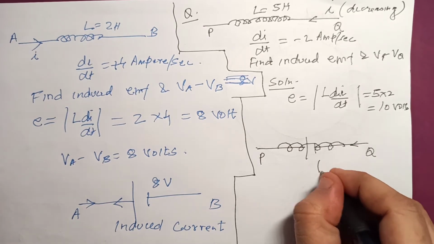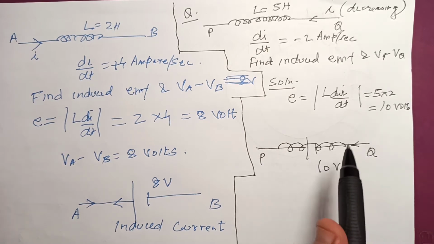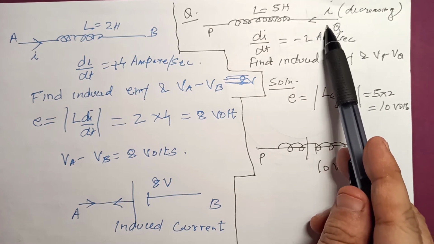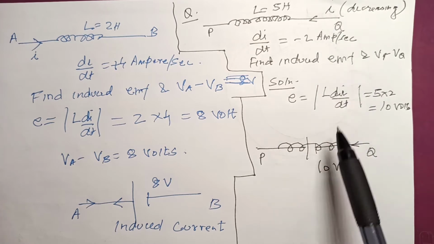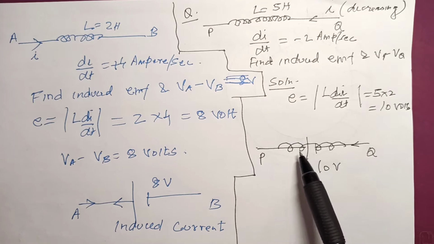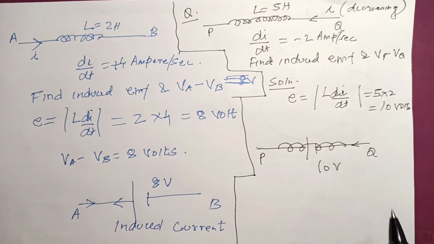And this is 10 volts. Now why this direction? Because this is reducing, so the current will remain in the same direction. Now to put this in the same direction, it should be from positive to negative, correct? Right, and this should be the battery.